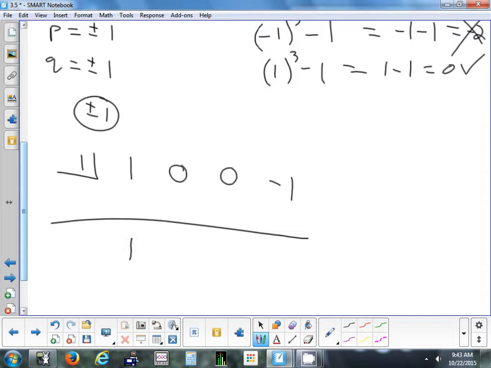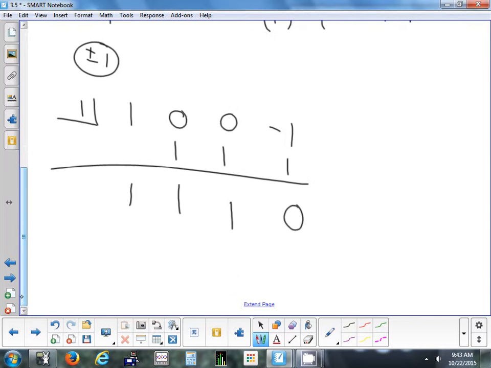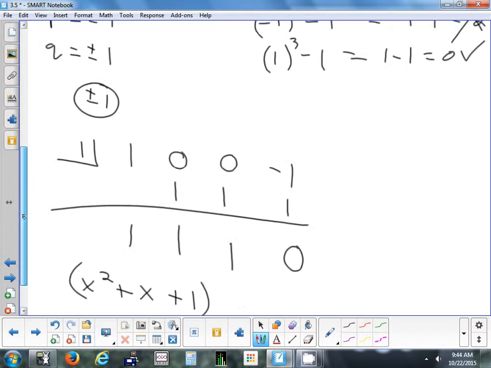Bring down my 1, multiply, add, multiply, add, multiply, add. All right, so what's my quotient here? X squared plus x plus 1. That's one factor.